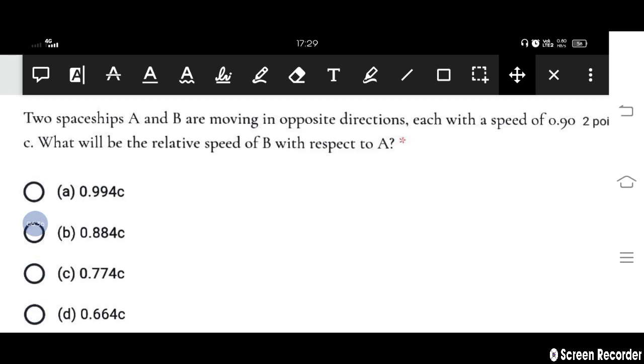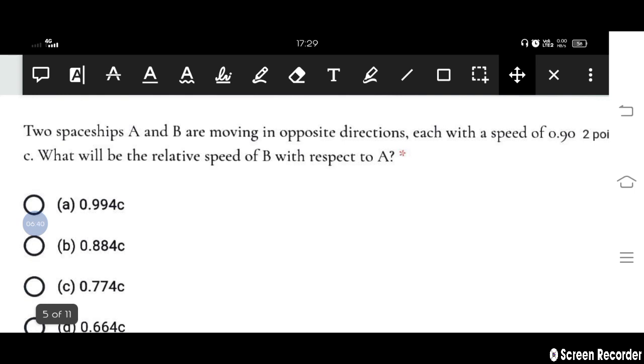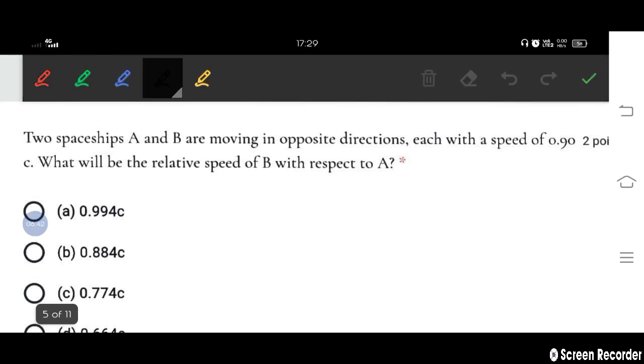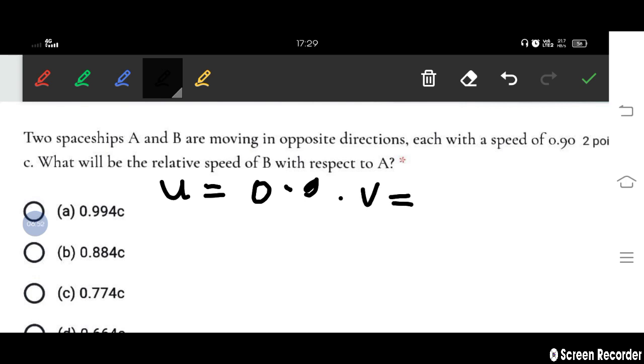So here given quantities are u equals to 0.9 c, v equals to minus 0.9 c.